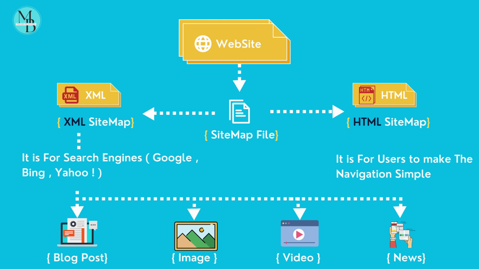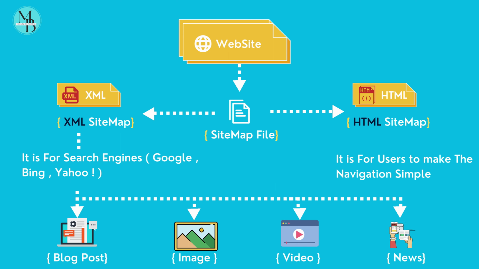And the XML sitemap is for the search engines, where the Google crawler can come to your website and see what type of blog or images you have put, and they can index your blog page from here as they get all the information from this XML sitemap.